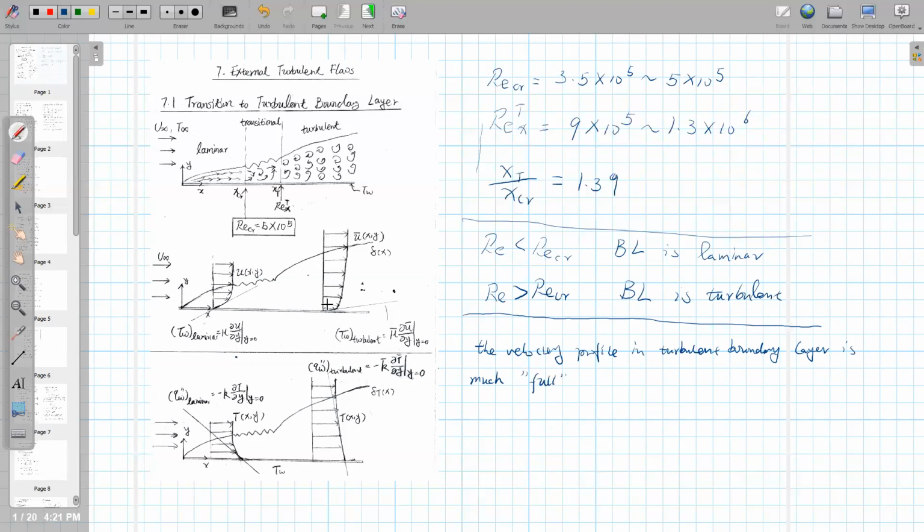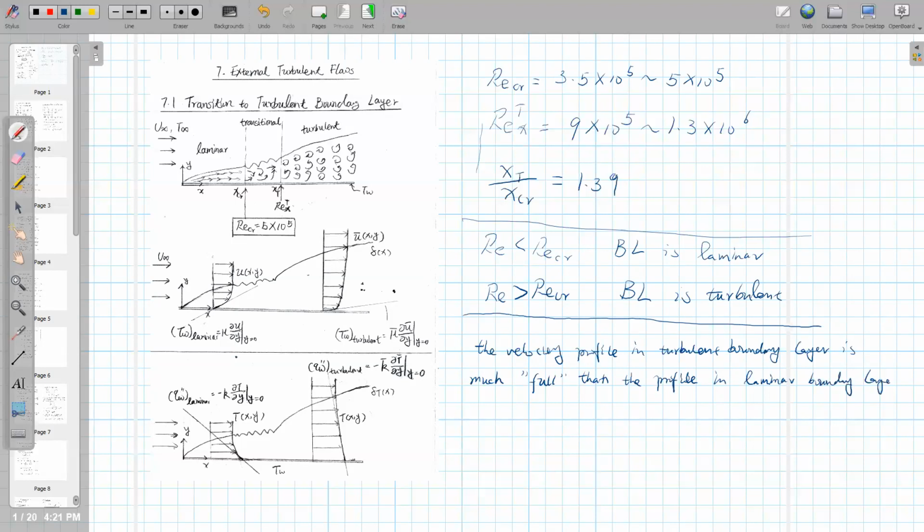You can see that this is fuller than the profile in the laminar case, the laminar boundary layer.